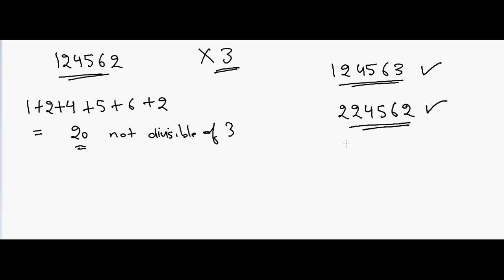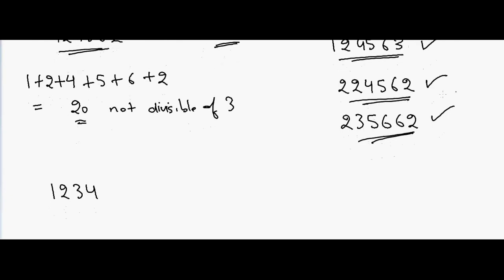Or we can increase 1 in each of these and say 3 5 6 6 2, this should also be divisible by 3. So what I'm doing is making a modification by changing the number just enough so that the sum will be divisible by 3, and in that case the whole number should be divisible by 3. So that's how this trick works.